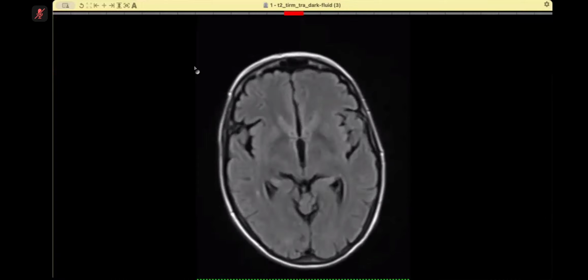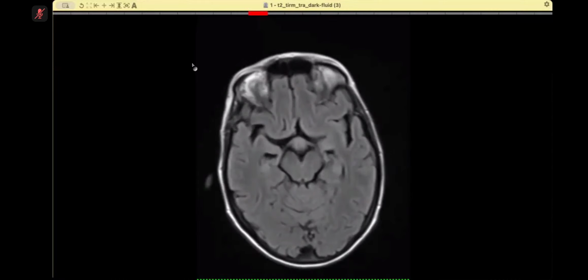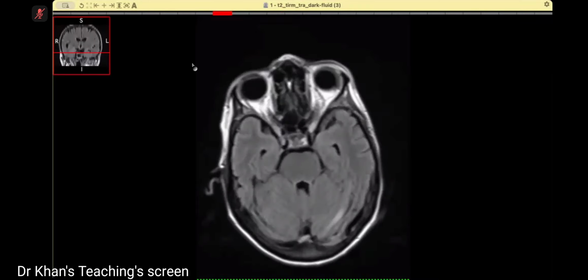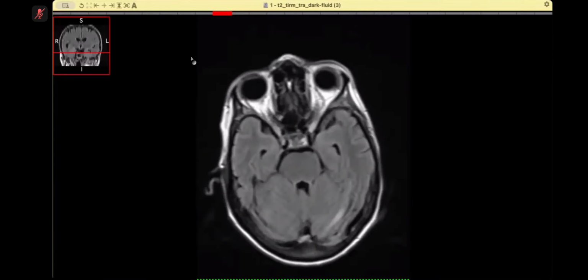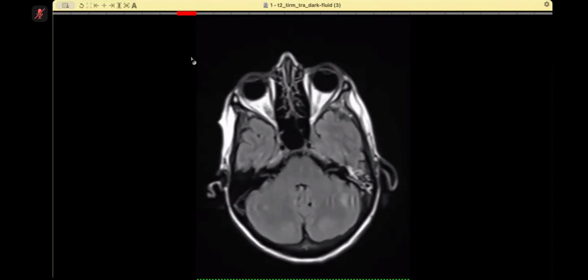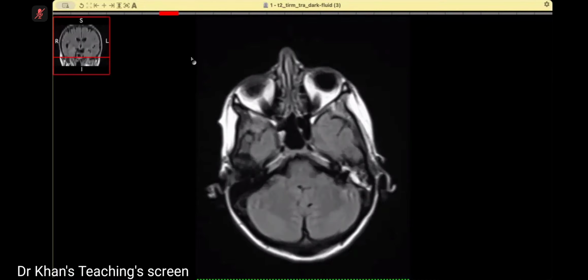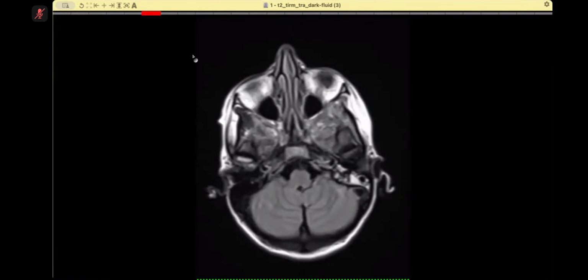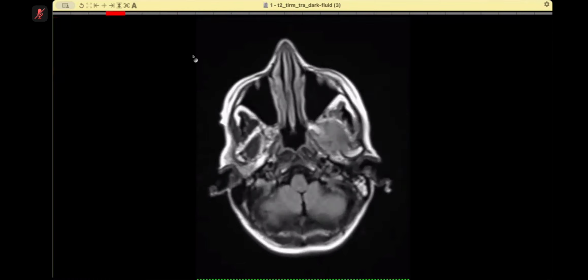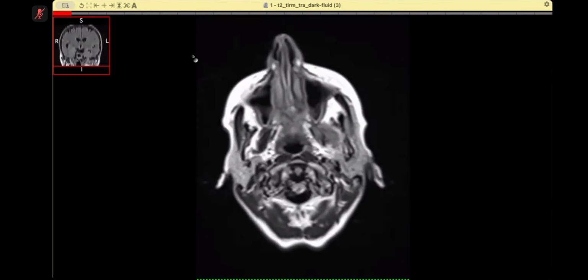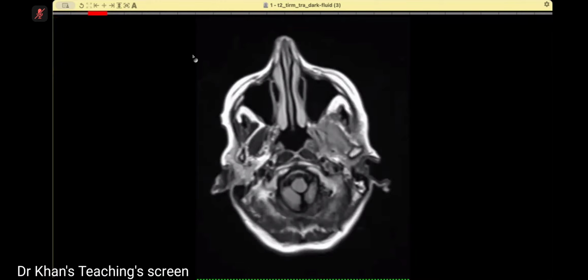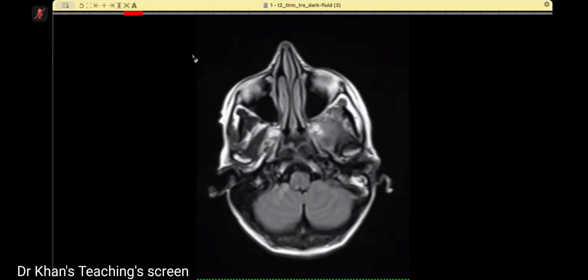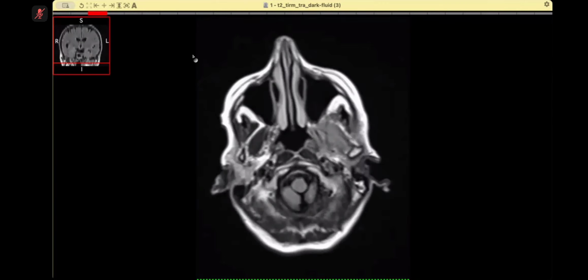You can appreciate a few periventricular white matter hyperintense foci. Other than that, I can appreciate that there is an abnormal signal intensity area noted in the region of the sella and suprasellar region, and there are abnormal signal intensity areas also noted in the infratemporal fossa on the left side that are also causing abnormal signals in the pterygoid muscles, the medial and the lateral pterygoids that are involved.